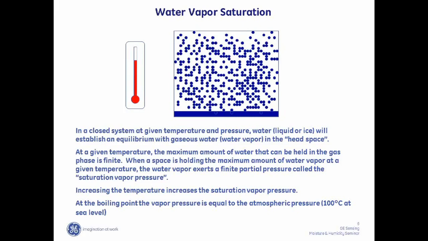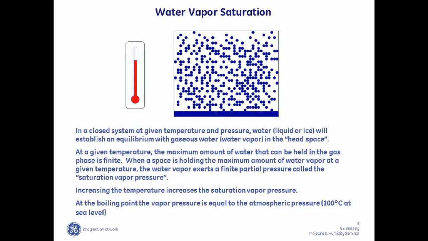And the water, of course, in the gas phase will exert a partial pressure directly proportional to its volume. So that value, the saturation vapor pressure, is very useful for us in determining how close the system is to holding its maximum amount of water, and anything in excess of that will condense out.